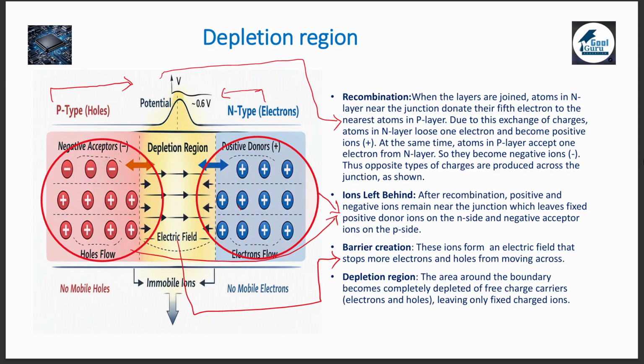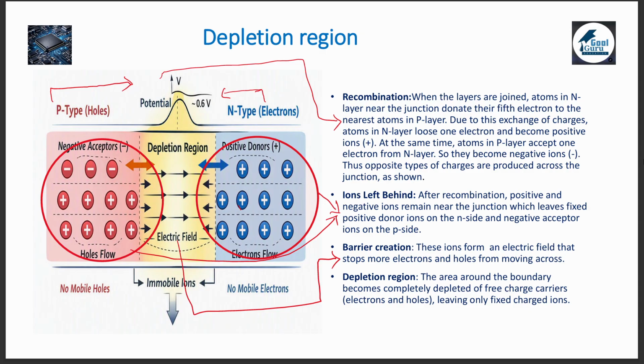In the n-type layer, due to the exchange of the charges, atoms in the n layer lose one electron and become positive ions. And in the p layer, since they accept the electron from the n layer, they become negative ions.